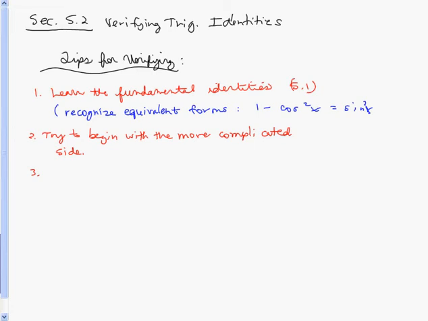Another tip, and this is one that we looked at in class, is you can try to rewrite your terms in sines and cosines and simplify. Sometimes that helps, just to turn everything to sines and cosines and work from that vantage point. Sometimes it just makes life easier.